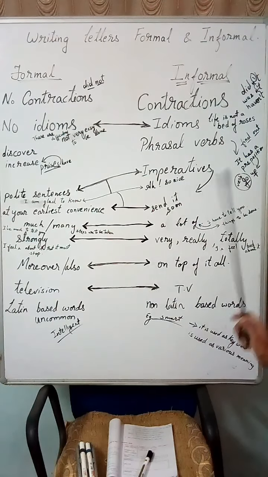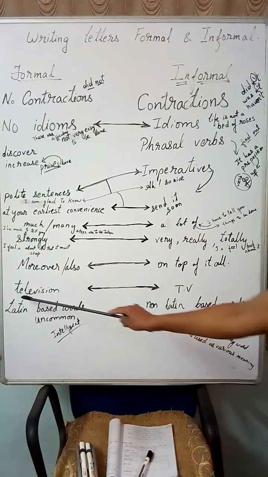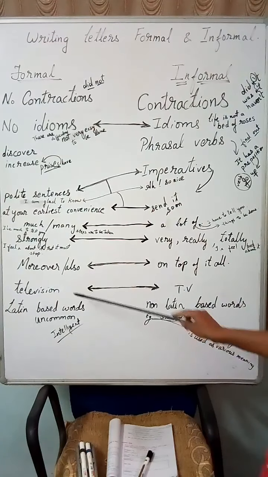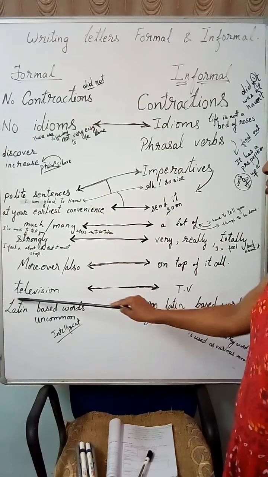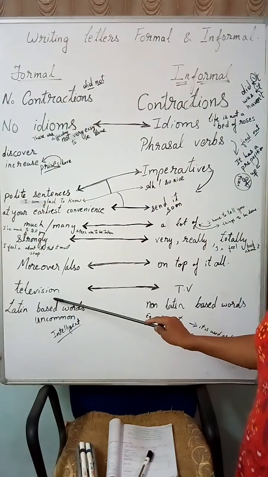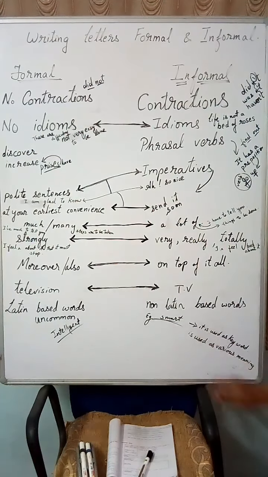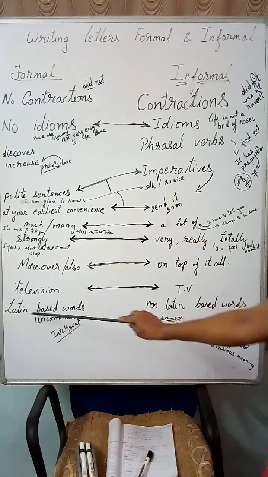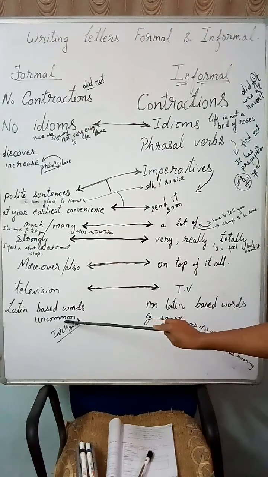Next is, in informal letters we use abbreviated forms. Like instead of writing full television, we write TV. I'm watching TV. But when you are explaining something to your boss, you have to write the full form of it, not TV. Okay? The last thing is that in formal letters, Latin-based words are used, and non-Latin-based words are very uncommon.